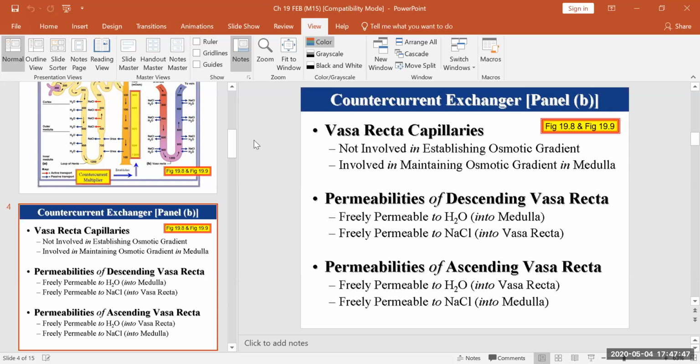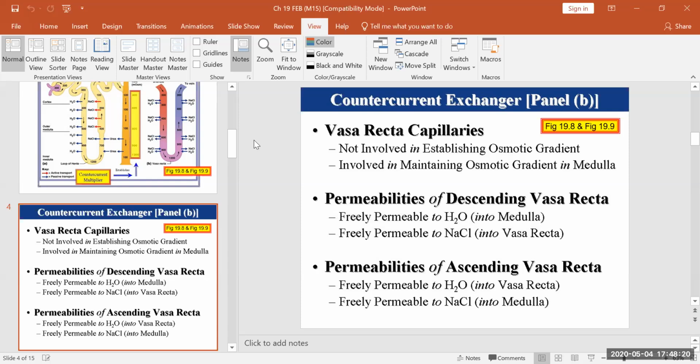Because the shorter loops of Henle of the cortical nephrons, they also interact with a capillary bed, but that capillary bed is not vasa recta. That capillary bed is called peritubular capillaries. So those cortical nephrons, they always produce dilute urine. They don't have that osmotic gradient, and their loop of Henle is not dipping into the renal medulla, right?